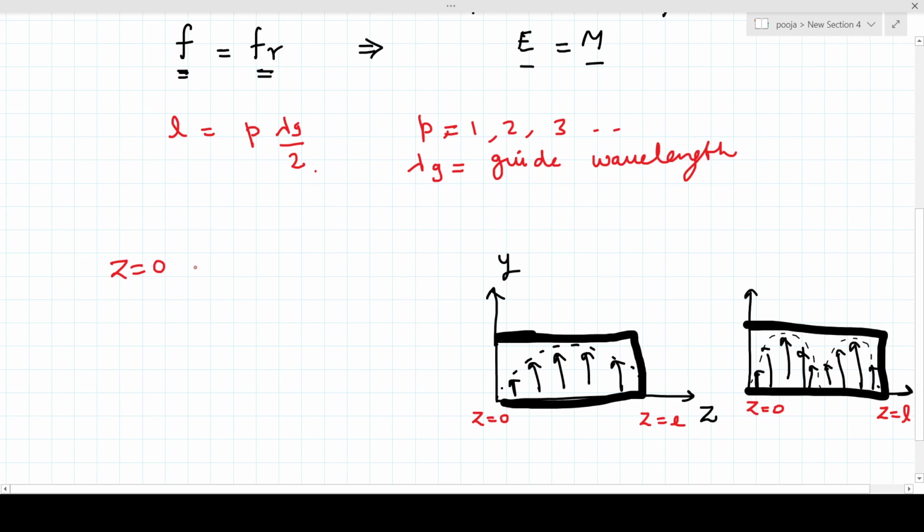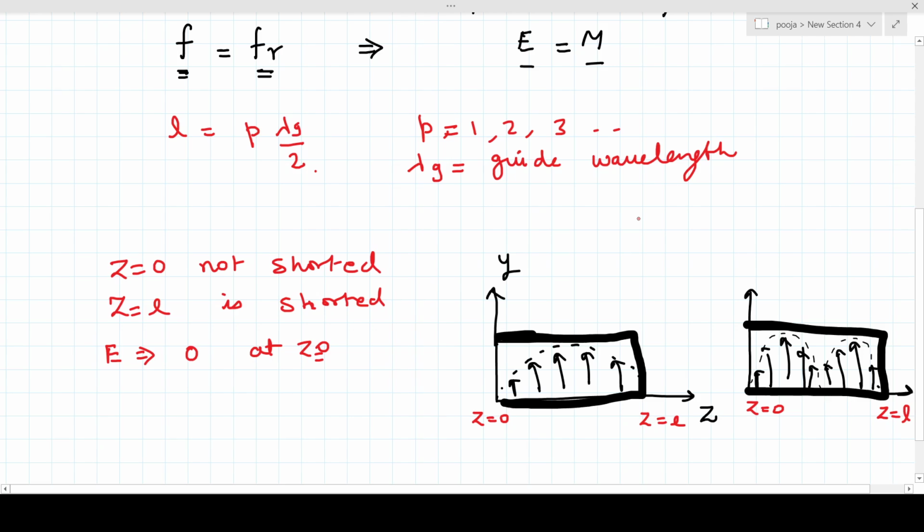At a particular frequency, an electric field is sent in which is 0 at Z equal to 0. This electric field is allowed to enter into this enclosed structure, and we have a metallic plate at Z equal to L.